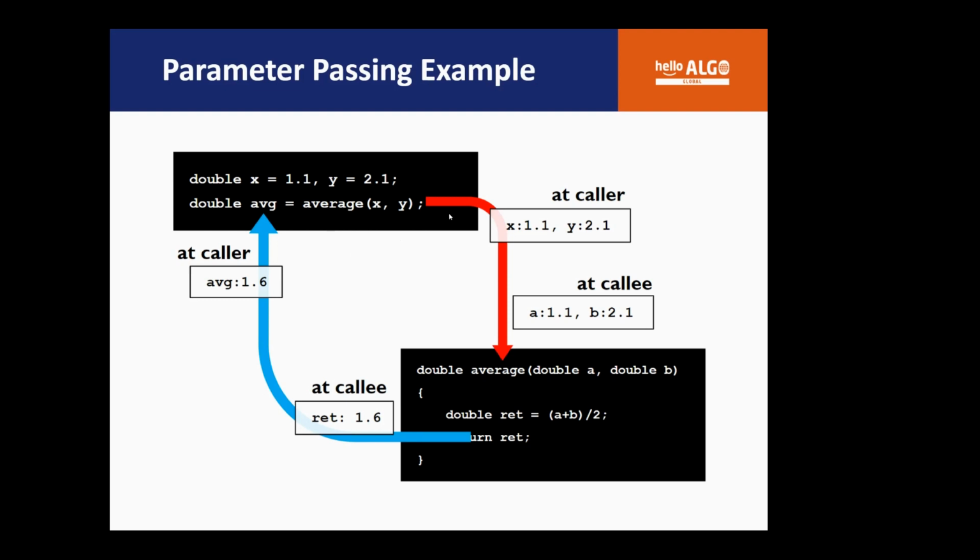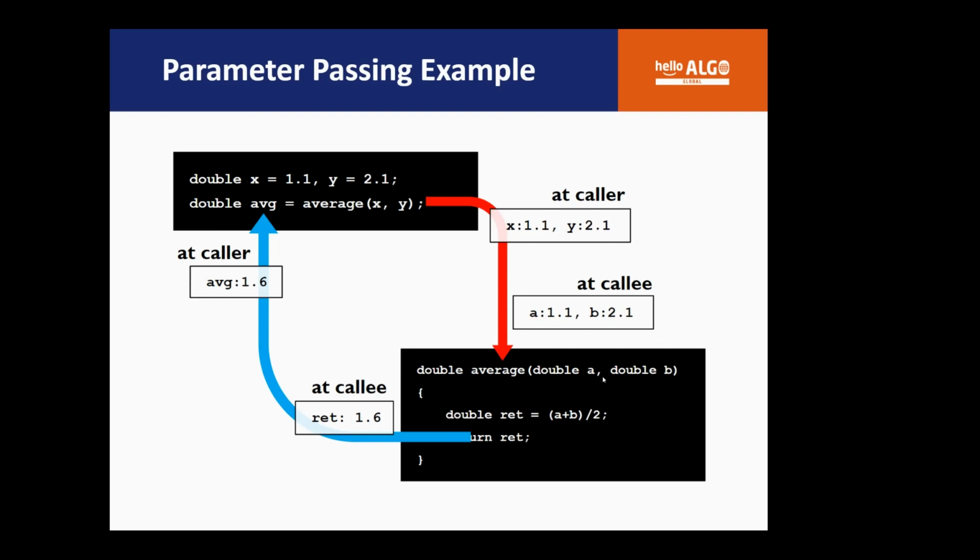When you call the function, the caller's x and y are 1.1 and 2.1. But what happens is that a and b actually become 1.1 and 2.1. x and y no longer exist inside of average, okay? The only thing that matters right now is a and b, and those values are exactly 1.1 and 2.1.